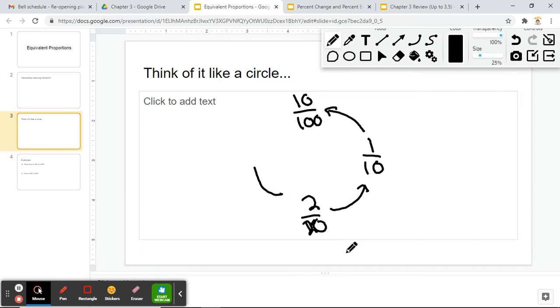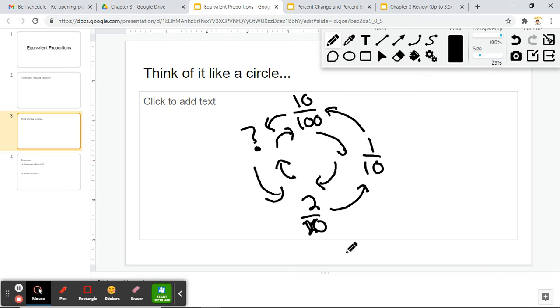We could have come from a different step in between, or we could have come immediately from the 10 over 100. There's plenty of different rotations in this circle, but the point is we don't know where it stops. So in reducing fractions, we need to be able to go back and forth between these, whether you're moving from 1 over 10 to 10 over 100, or from 10 over 100 to 1 over 10, moving in the reverse direction on this circle.